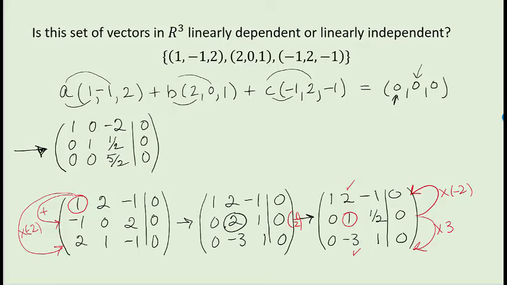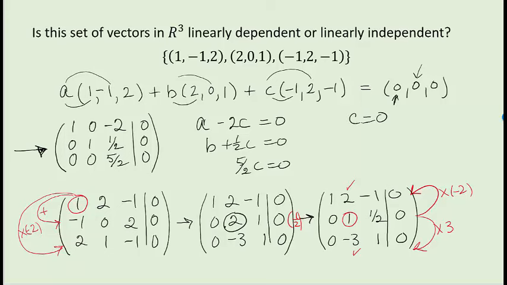This tells me that A minus 2C is equal to 0, that B plus 1/2 C is equal to 0, and that 5/2 C is equal to 0. Well, then C is equal to 0.